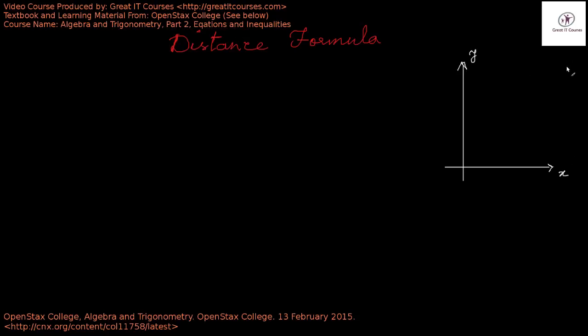Now, if you have any 2 points in the plane, for example, one of your points is over here. Let me draw some scales here: 1, 2, 3, 4, 5, 6, 7.